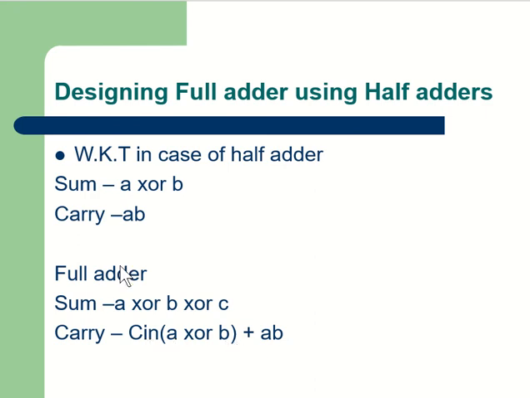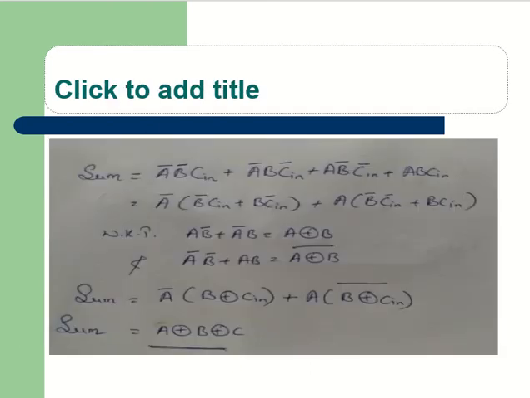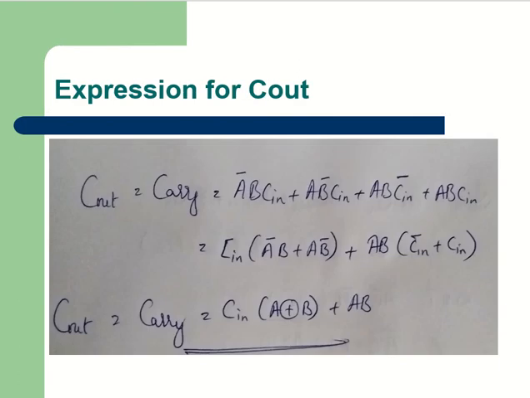Okay, let us see this first. Let us derive this expression for carry in case of full adder, then we'll go for the design part. This is the previous one where we derived the expression for sum, which we got as A XOR B XOR Cin. Now the expression for Cout in case of a full adder.